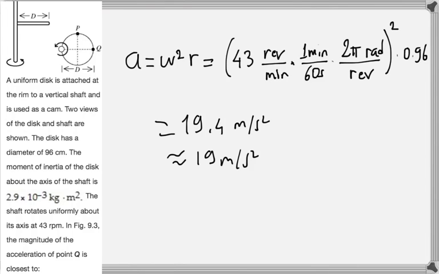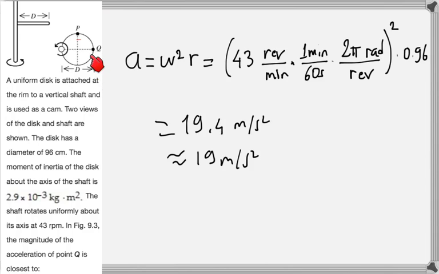So the same problem, but the question is different. Again, this time I think you can read. This is the top view, and this is the side view of this. This disk is rotating around this axis, this perpendicular vertical axis. And the moment of inertia is given of the shaft.